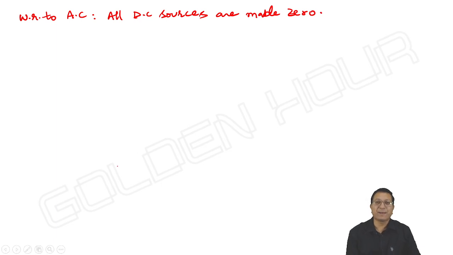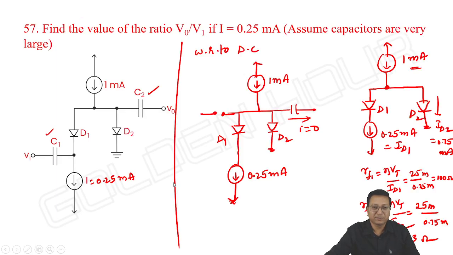As it is mentioned, capacitors are very large. C1 acts as short circuit and C2 does not play any role. It is also short circuit only because no current is flowing through C2 and there is no charge accumulation. By default we take it with zero initial conditions. Okay, voltage across the capacitor C2 is also 0. No current is possible through C2. Okay, and C1 and C2 act as short circuit.